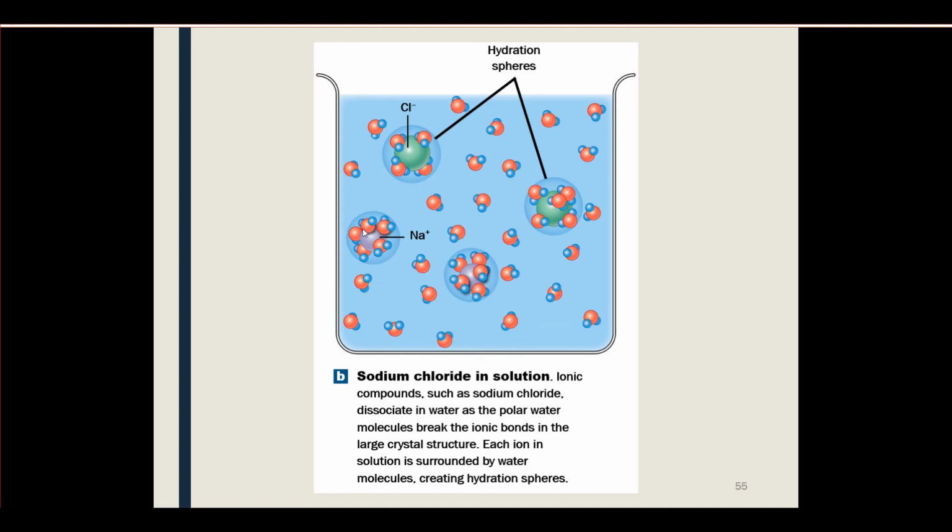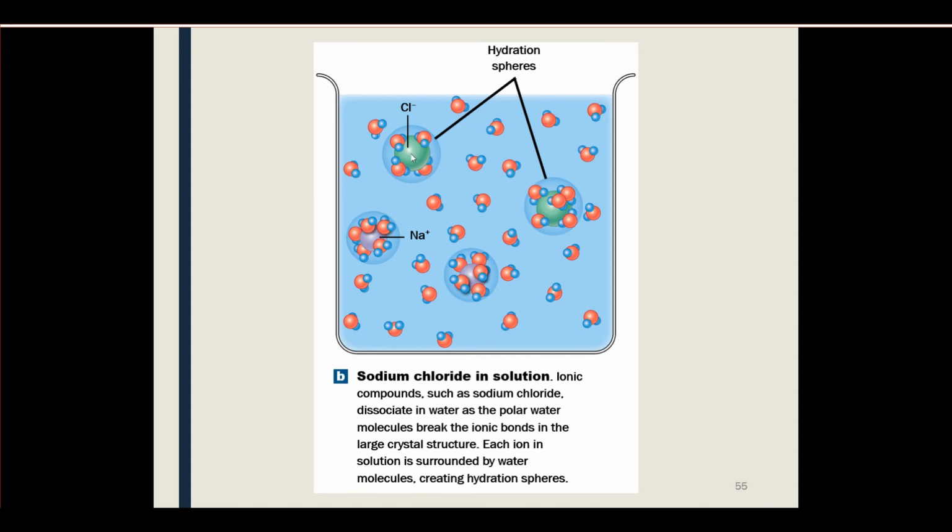Notice it's the oxygens that are facing the sodium. Why is that? The reason is oxygen is negative, right? Always remember opposites attract. So the negative side of water, the oxygen side, is all facing the sodium because sodium is positive, and that attraction forms this sphere, and that keeps the sodium ion separate from the chloride ion.